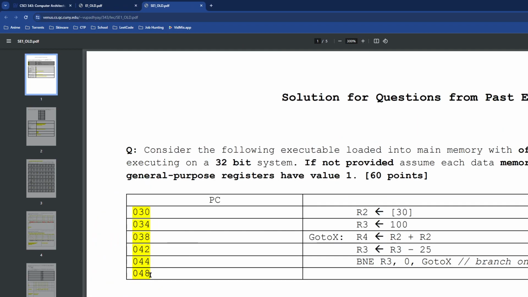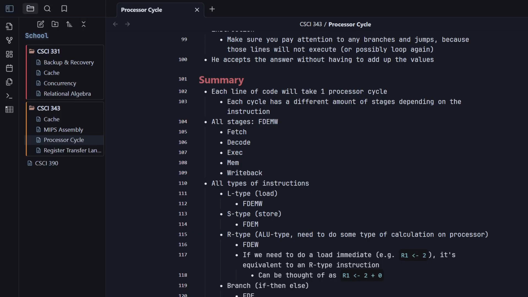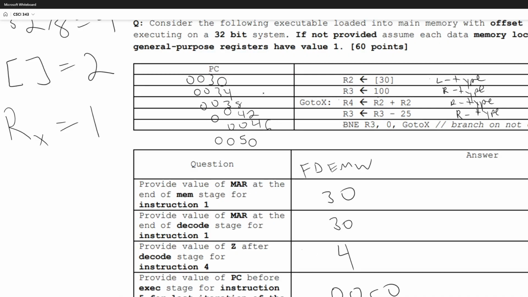Did I do the math wrong? He did the math wrong because 42 plus 4 should be 46, and then this should be 50. His math is wrong because you always increment by 4, right? So yeah, the real answer should be 50.